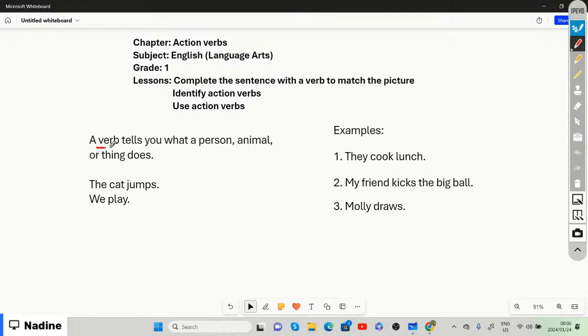So once again, a verb tells you what a person, animal, or thing does, right? So what they are doing. Whatever they are doing, we call that a verb.